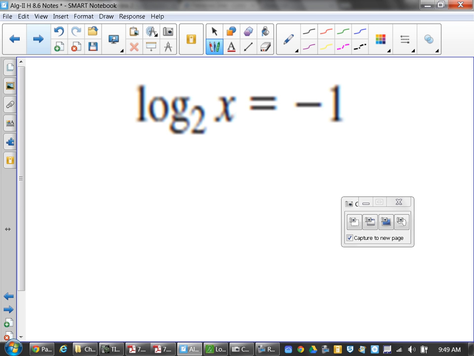Log base 2 of x equals negative 1. Wow, what am I going to do? If you're going to do it, you got to sound a little bit more sarcastic. Oh no, I don't know what to do.